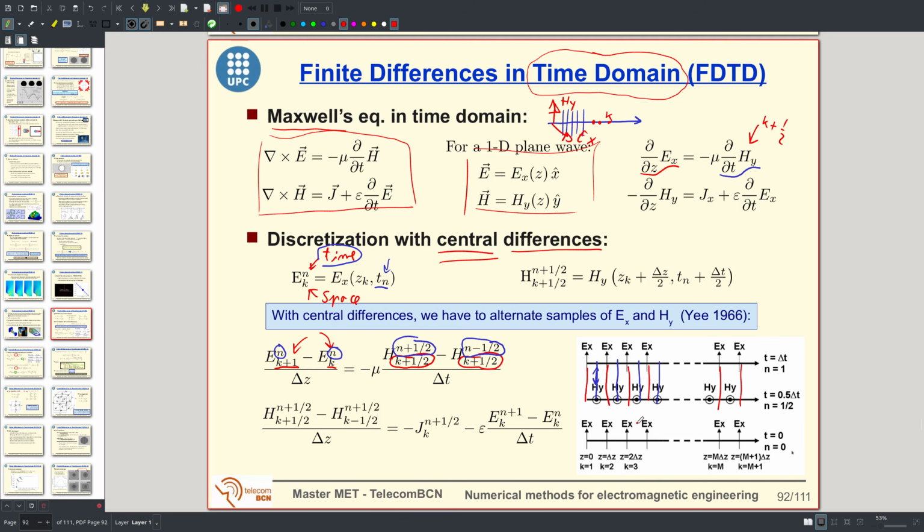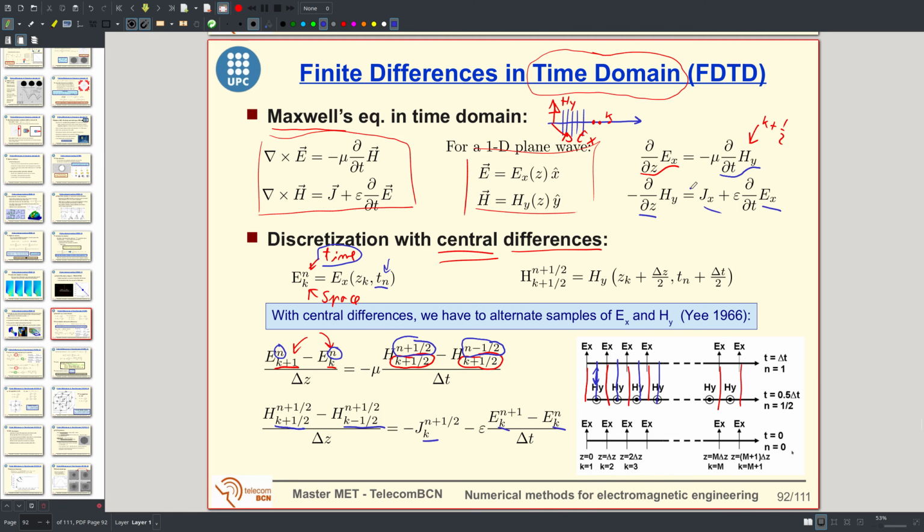The same happens for the electric field: its samples are at the midpoint between the samples of the magnetic field, both in space and time. We do the same kind of discretization for the other equation. Here we subtract samples in z to obtain the derivative of the magnetic field with respect to the z coordinate. So we subtract the sample at k plus 1/2 minus the sample at k minus 1/2 and obtain the electric field and the current at position k.